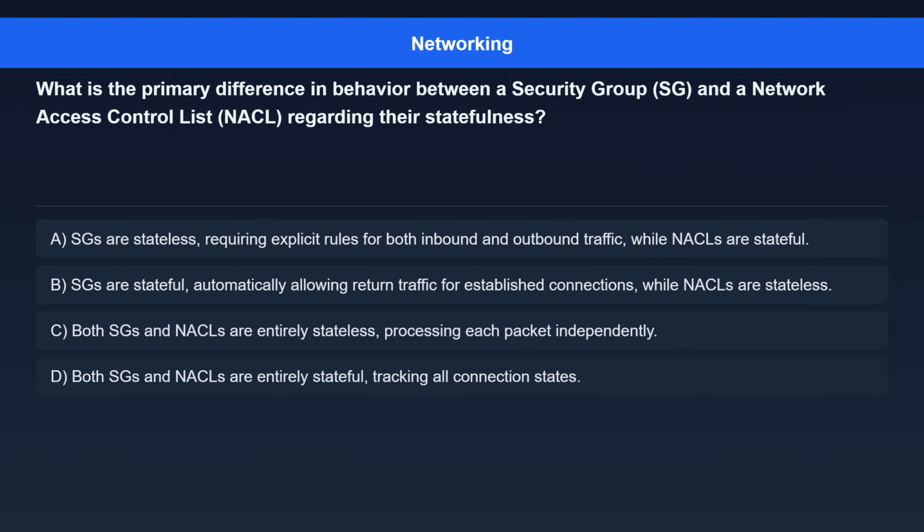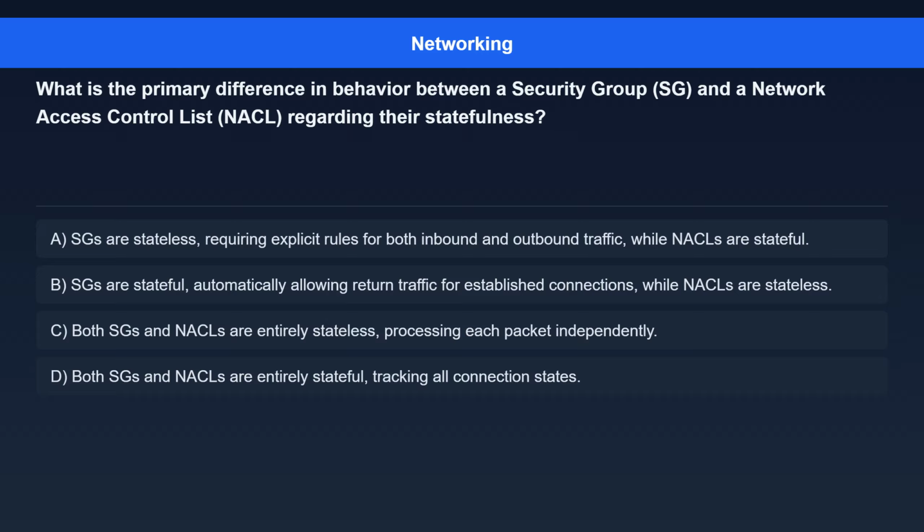Question 4. What is the primary difference in behavior between a security group, SG, and a network access control list, NACL, regarding their statefulness? Option A. SGs are stateless, requiring explicit rules for both inbound and outbound traffic, while NACLs are stateful.